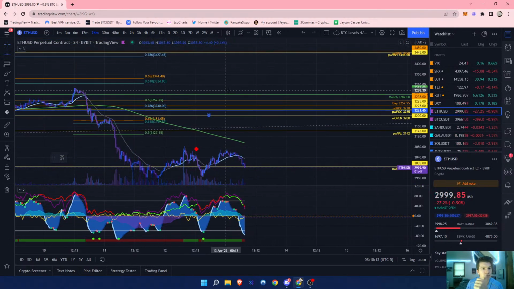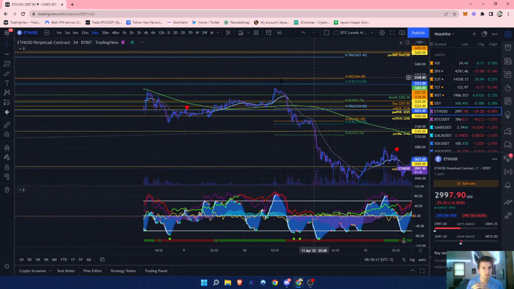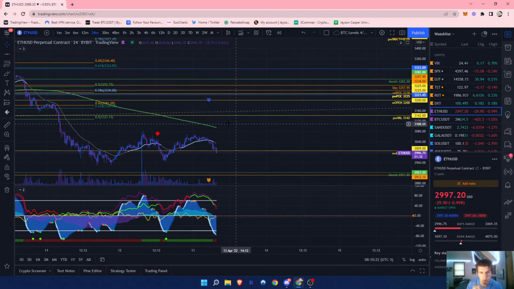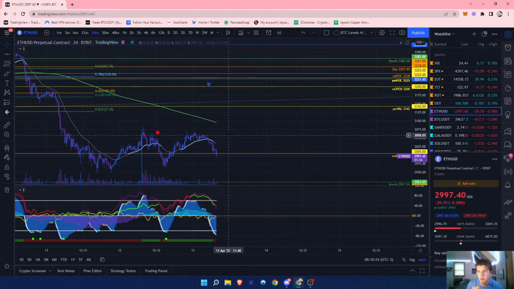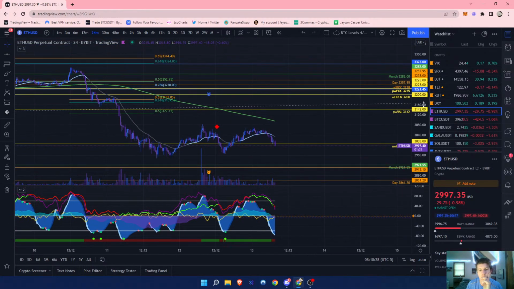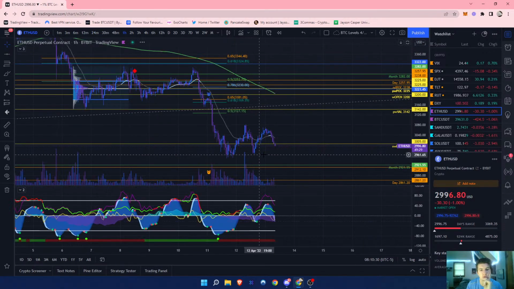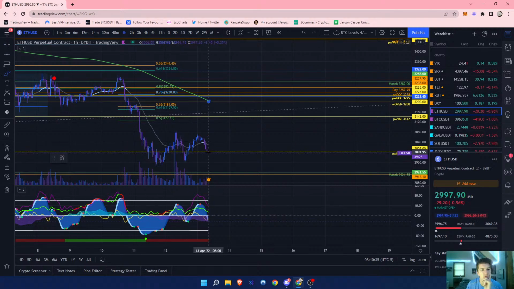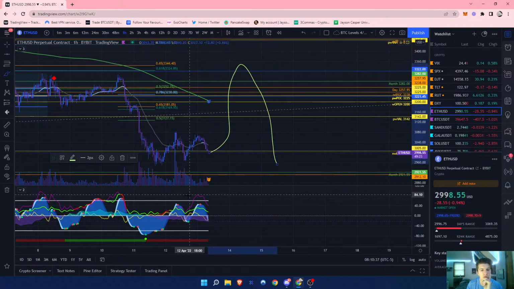Here's another one right here. This is like a major golden pocket, so I do see it respecting that somewhat. And what I'm looking for on here is a possible 1 hour. So the price coming up, rejecting, and then we'll see momentum coming up, and then just coming down.